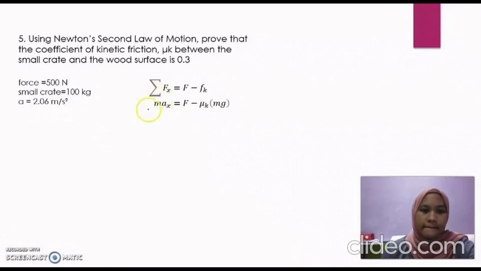So we enter the values into the equation.